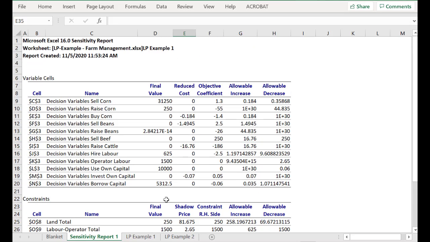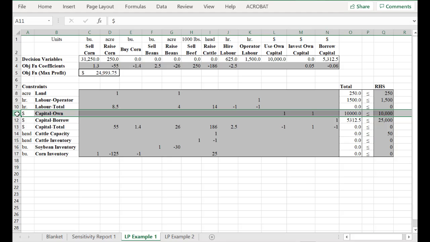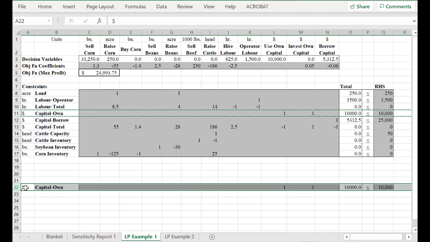Let me actually add one constraint to show you the difference. Let's add the constraint that cell bins should be greater or equal to 0. The easiest way to add a constraint using this template is to copy any constraint that is here and then just paste it.